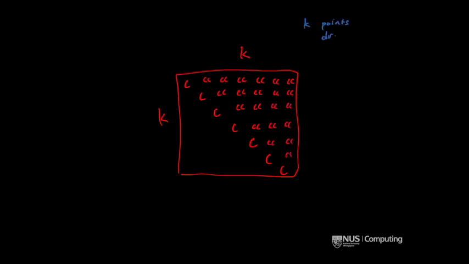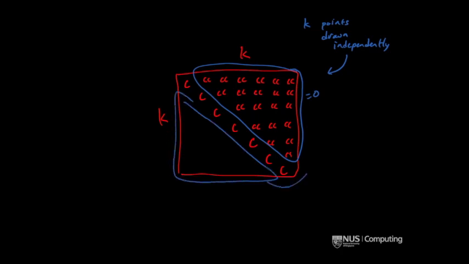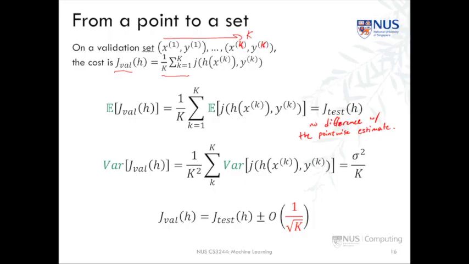However, note, because the points were drawn independently, this means all of the cross-correlation terms are going to be zero because they're all independent. In the end, we only have to sum over the 1 through K terms on the diagonal.